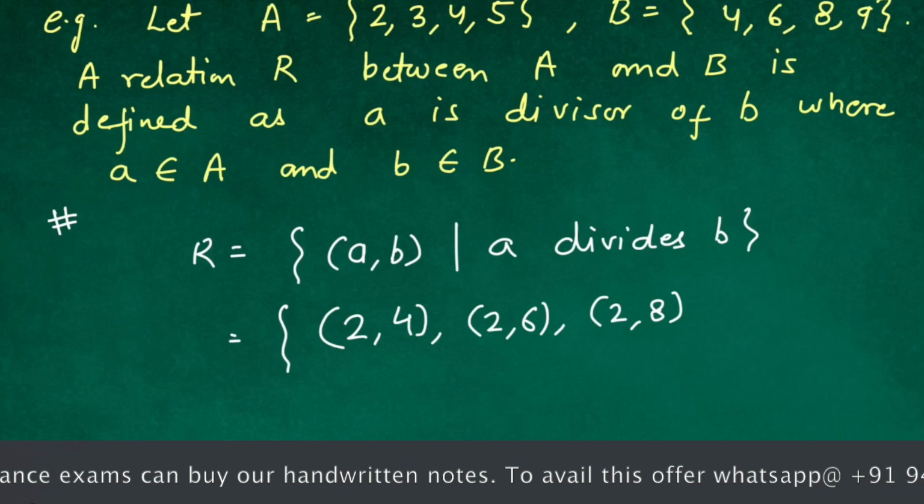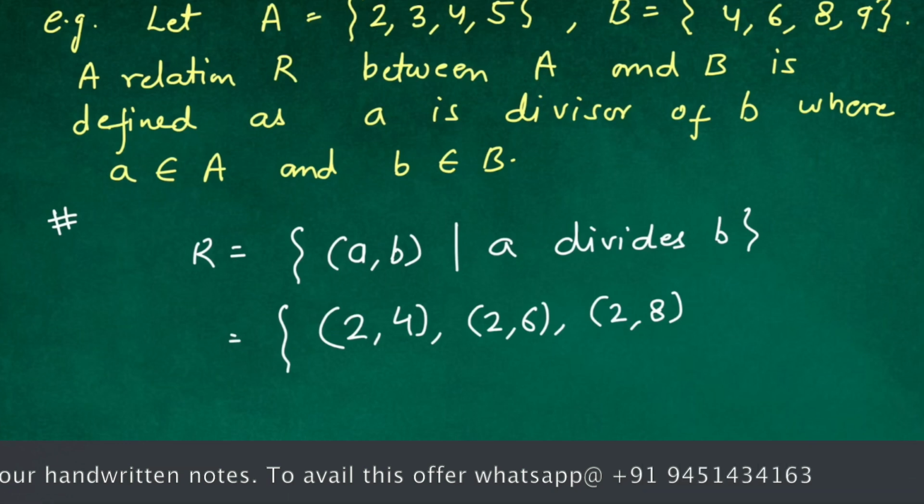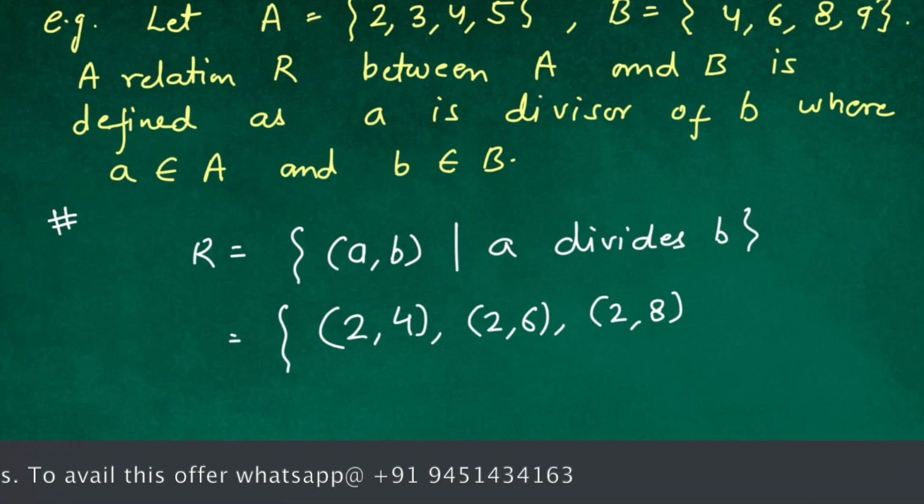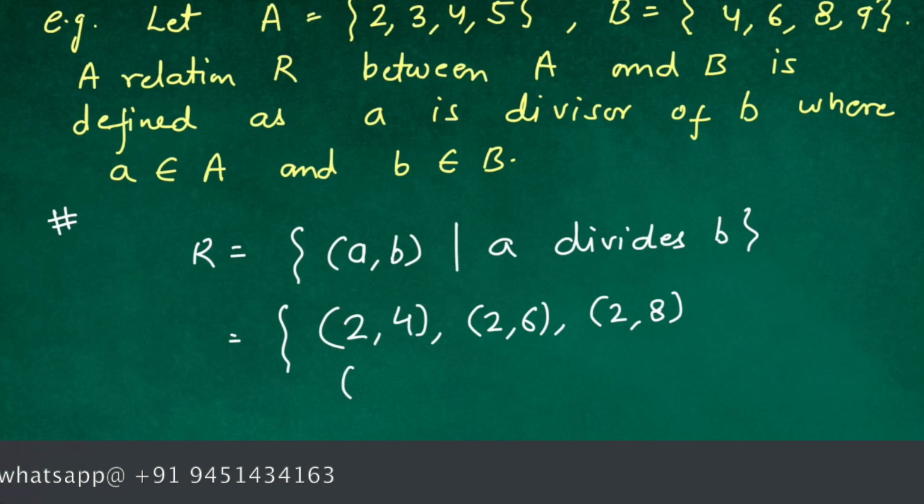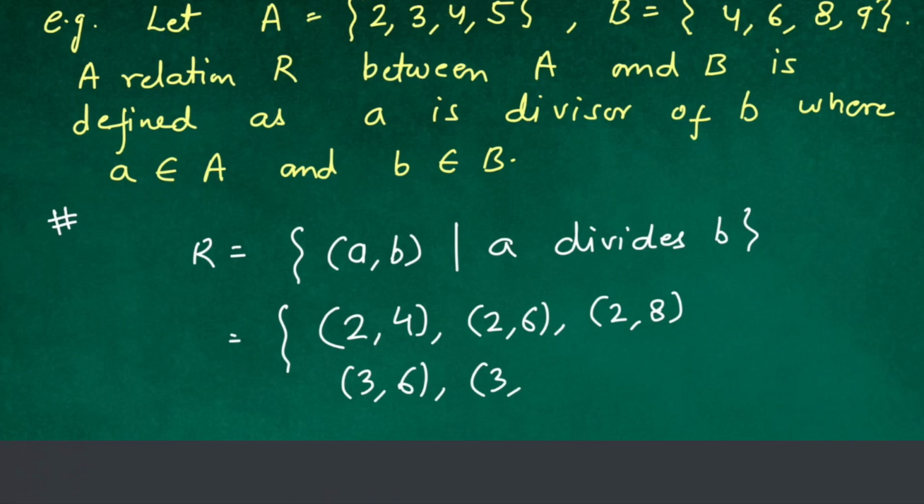So this is how element 2 is related to elements of set B. Another element of set A is 3. 3 divides 6 and 3 also divides 9. So 3 is related to 6 and 9. And element 4 of set A, 4 divides 8, right.